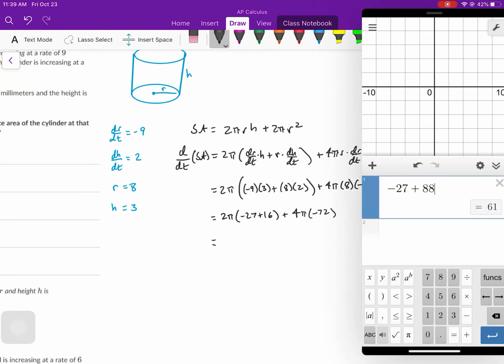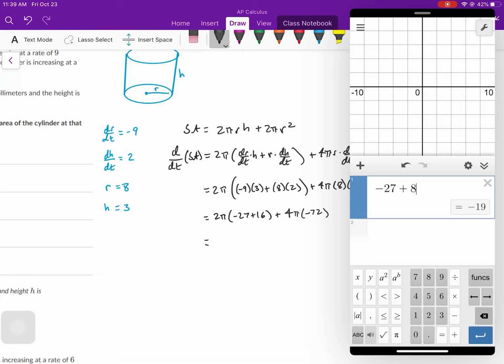Almost done. So we're going to have negative 27 plus 16 is negative 11. So this is going to be negative 22 pi. And 72 times 4 is negative 288.